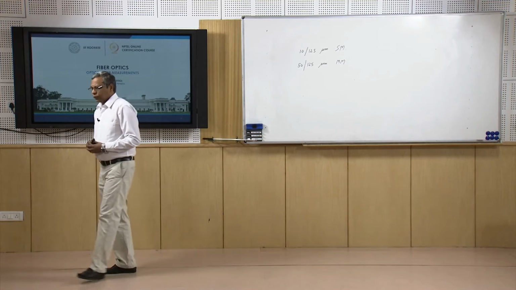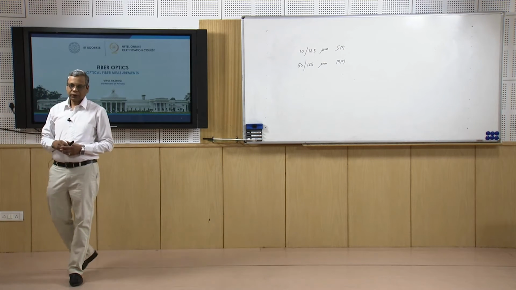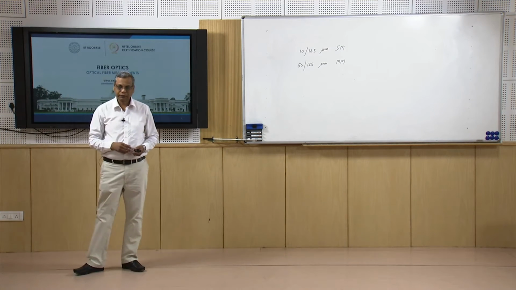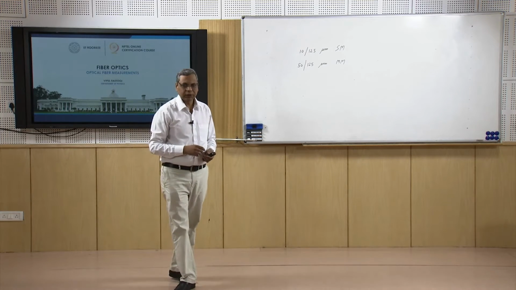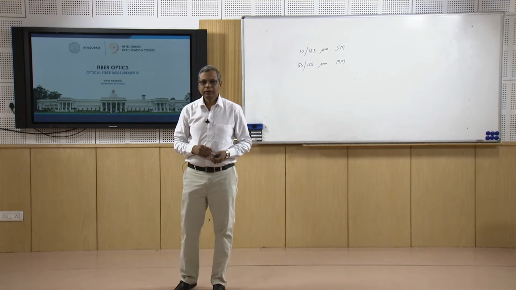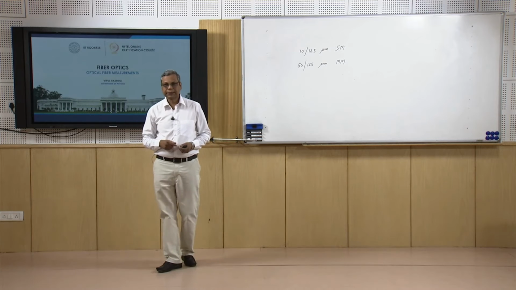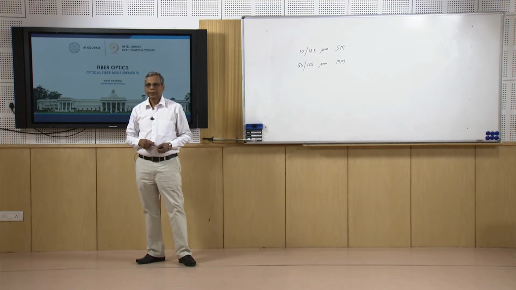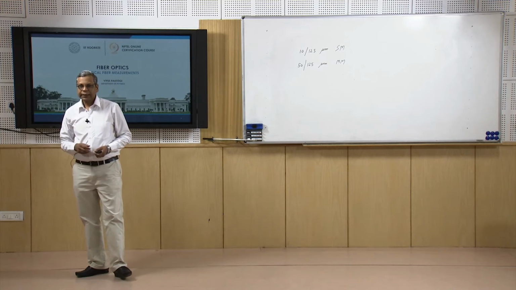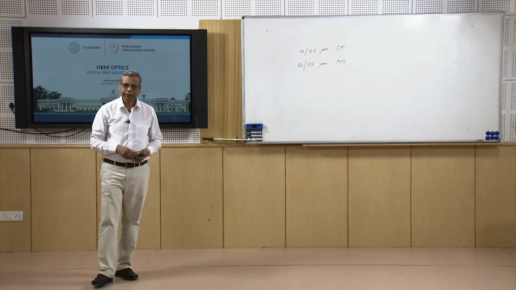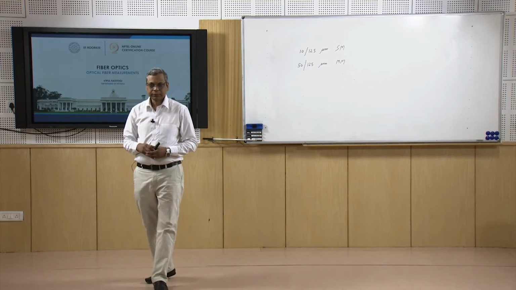First of all, to distinguish between a single mode fiber and a multimode fiber, of course, it has to be at a certain wavelength. So, what you could do is launch light of that wavelength. For example, if you want to know whether the given fiber is single moded or multimoded at 633 nanometer wavelength, you can take a laser at 633 nanometer wavelength, launch light into it and observe the output.